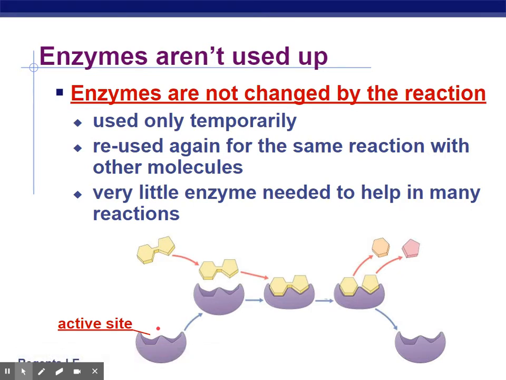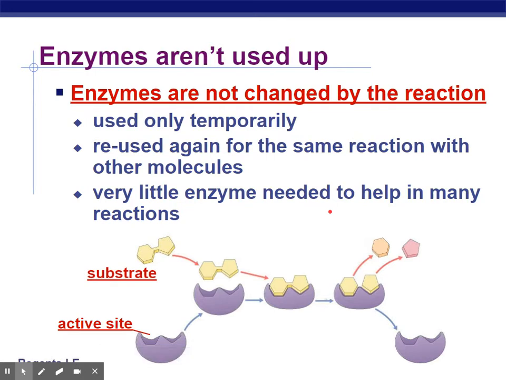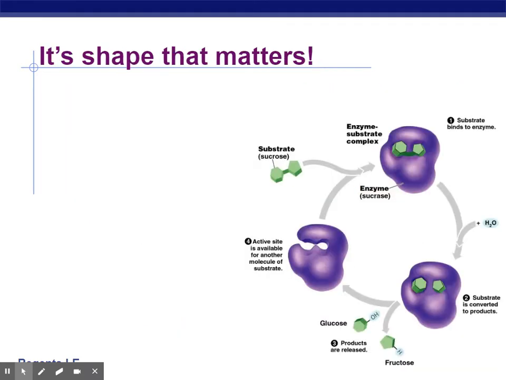So that's something to make note of. That little cutout area where the substrate can fit into perfectly is called the active site. The yellow thing or the white thing is called the substrate. That's the thing that's our reactant. That's what's going to be taken apart or put together, depends on what reaction we're looking at. The enzyme is the purple thing, and then our product is what we get at the end.